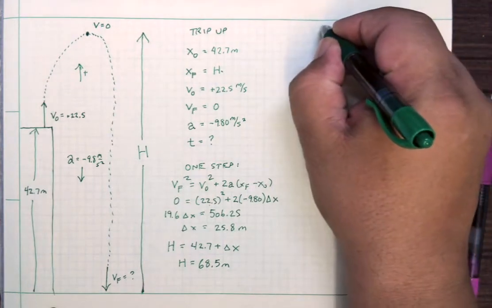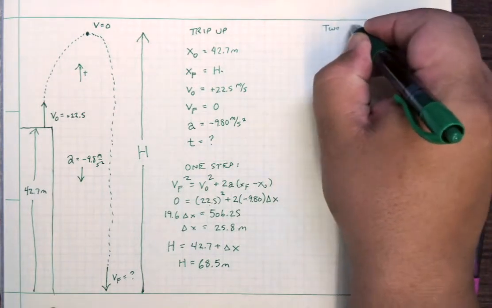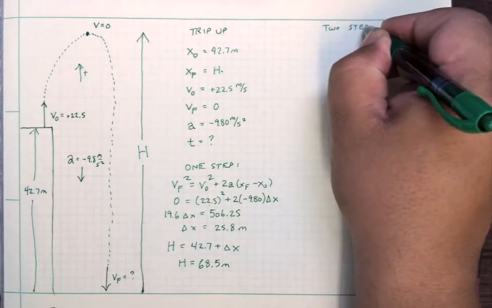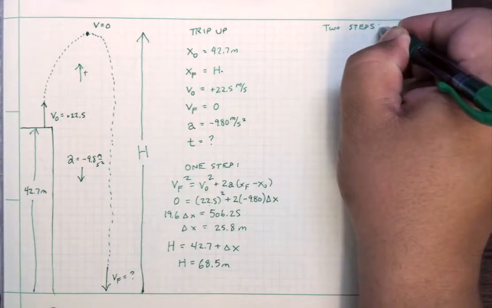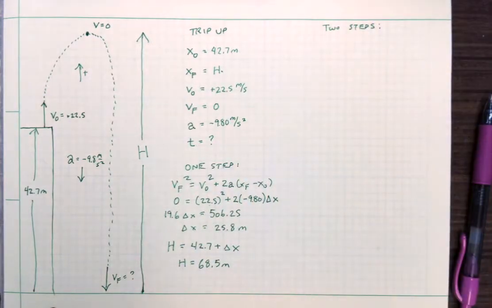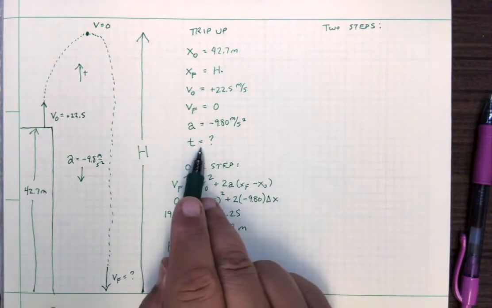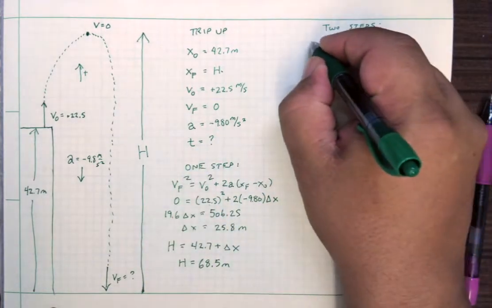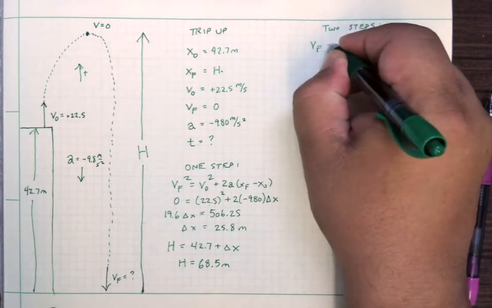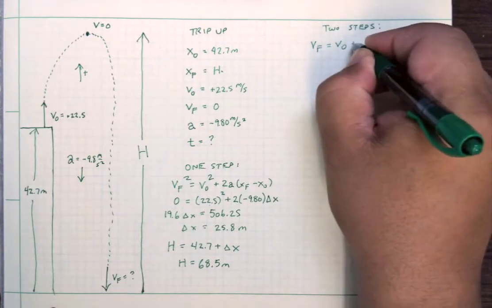Now it is, of course, possible to solve this in 2 steps, if you wish. One method is not preferable to the other, it's just the one-step method is faster. The 2-step method first involves finding this time. How long does it take for the ball to reach its highest point? For that, we utilize the first of the kinematics equations.